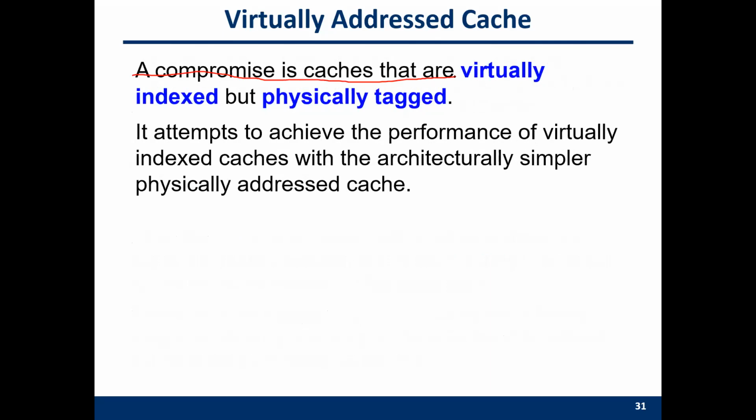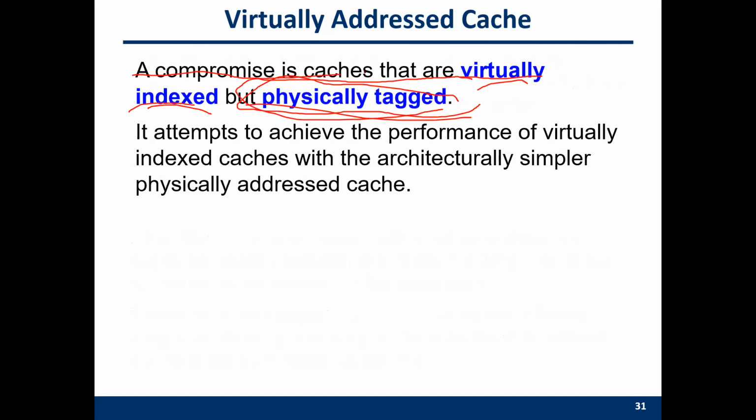People have a compromise solution, which is a virtually indexed but physically tagged cache. Virtual indexing enables you to do the lookup fast, but when you do the lookup, you still need to use the physical address to compare whether this is the real data you are looking for.